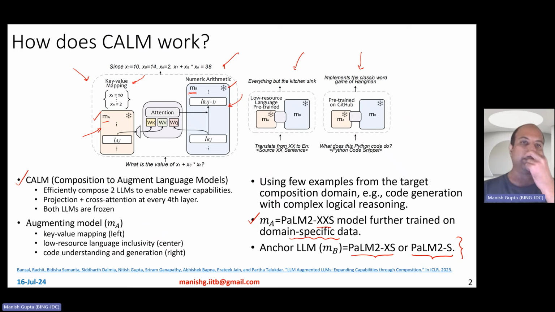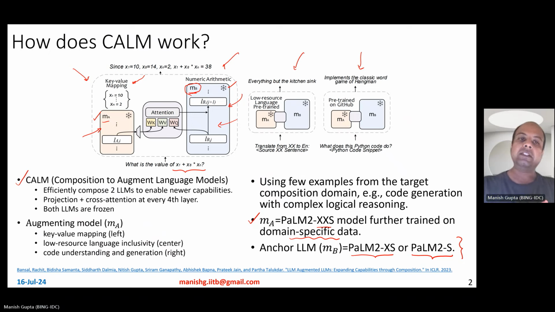And then MB is a generic math-based model, so it knows how to do typical numeric arithmetic. But if it is told to compute the value of x1 plus x8 into xn, MB by itself cannot do anything because it does not understand what x1 means, x8 means, and so on.